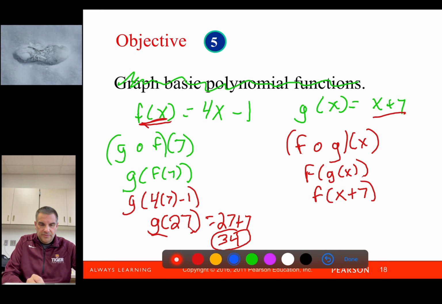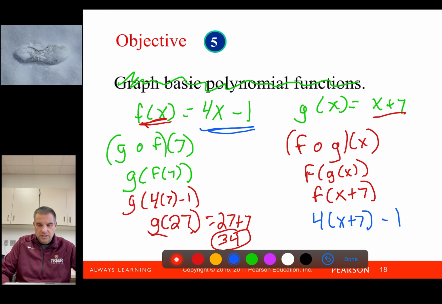In my f function, anywhere I see an x, I'm going to replace it with x plus 7, and don't forget the minus 1, and then just simplify. It's 4x plus 28 minus 1, which is equal to 4x plus 27. And there's your solution.